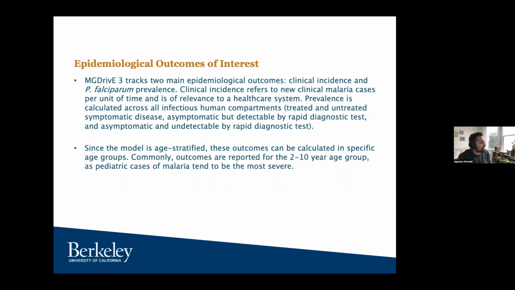We track prevalence using the number of humans that are in a compartment that is still infected. So whether it's treated or untreated disease, asymptomatic but undetectable, or asymptomatic but detectable disease, we're able to keep track of all of these by age. That's one of the big improvements from the last iteration of the model.